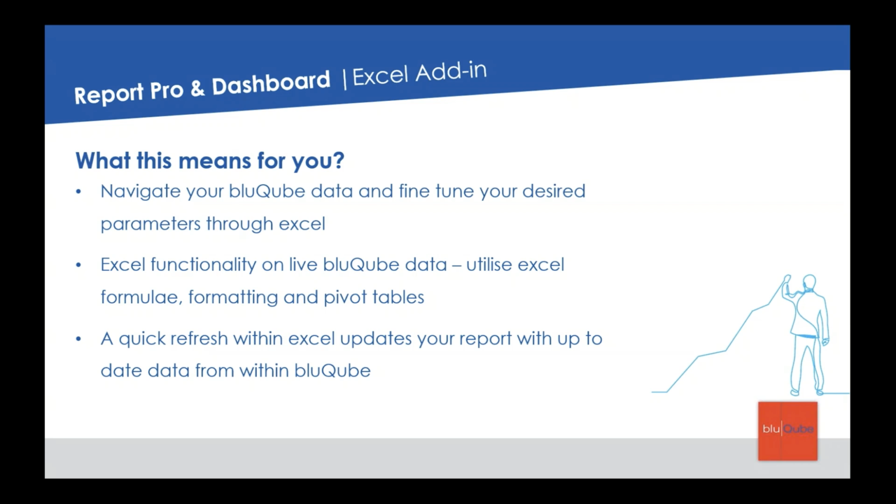But you are connecting directly to the BlueCube database through a secure add-in, which means there is no risk of compromise to data or security, and you are able to easily refresh any report you've built, rather than having to manually extract data and update summary balance tables as we've all known and loved from Discoverer in the past.